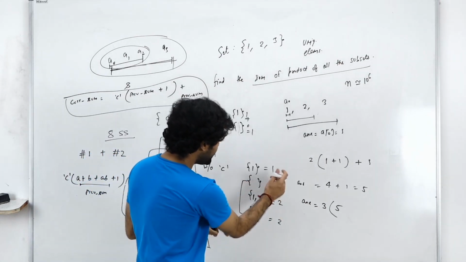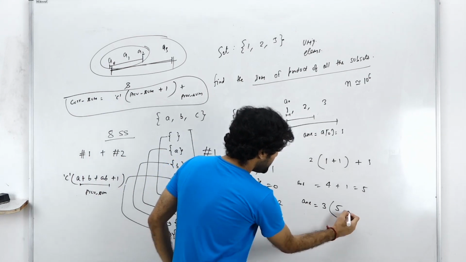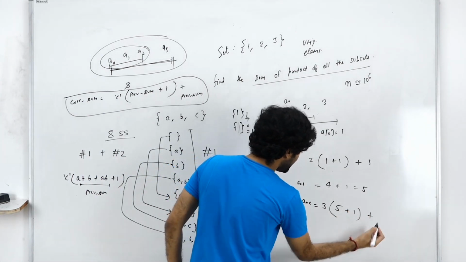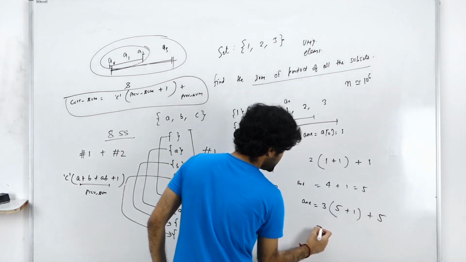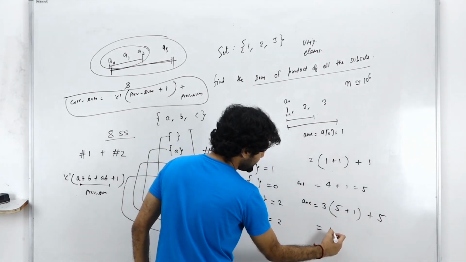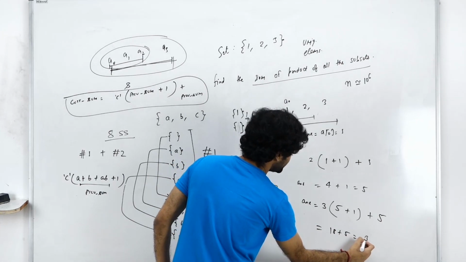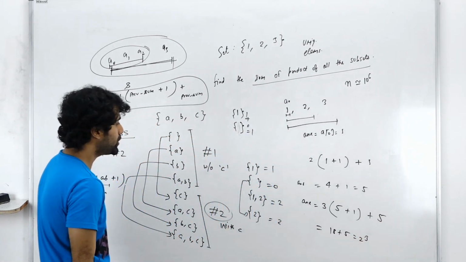So 3 multiplied by 5, which was sum of this, and this, plus 1, which is for empty set, and plus the old contribution, which was 5.